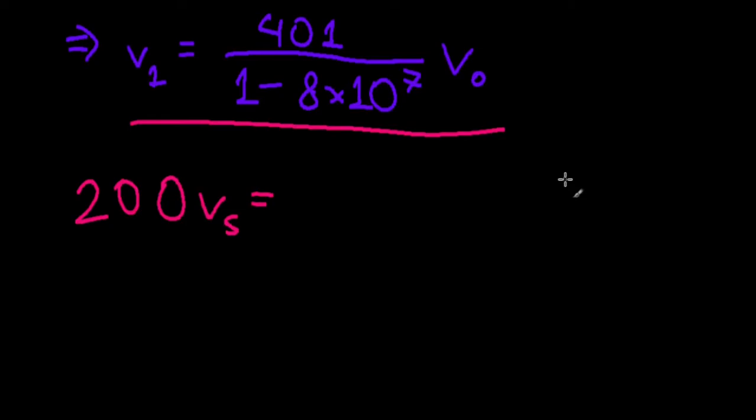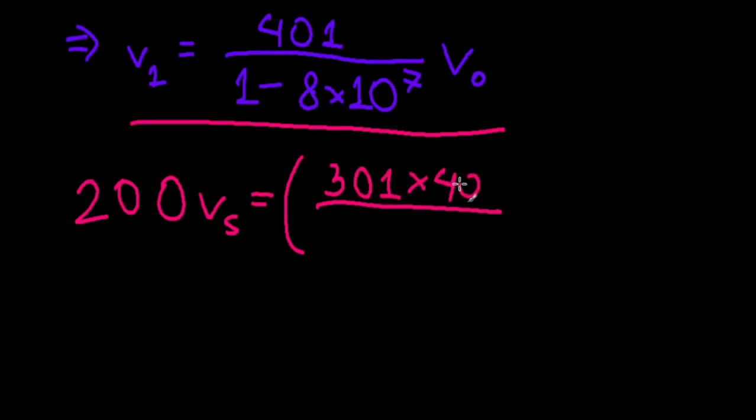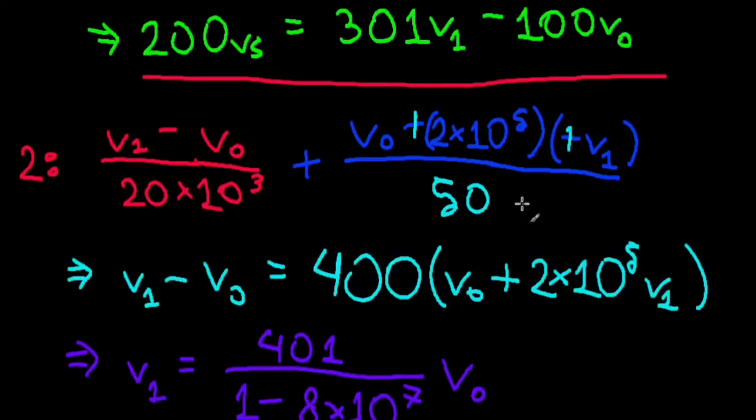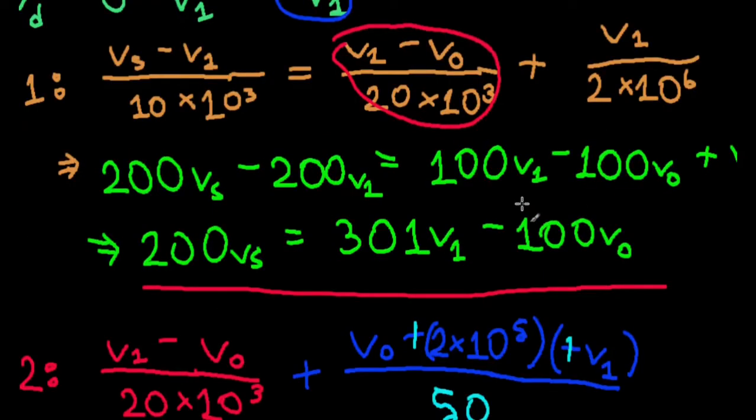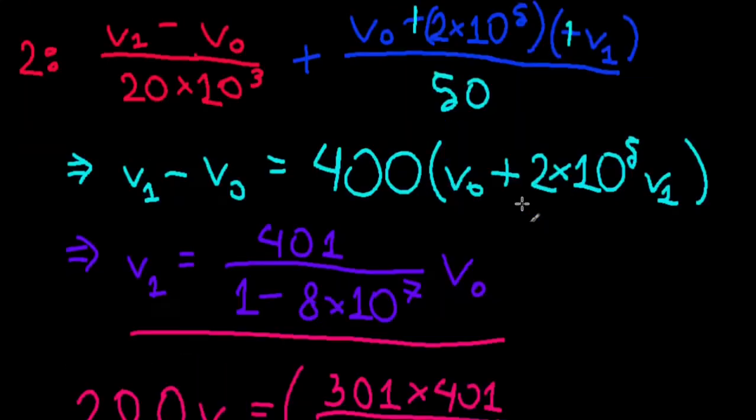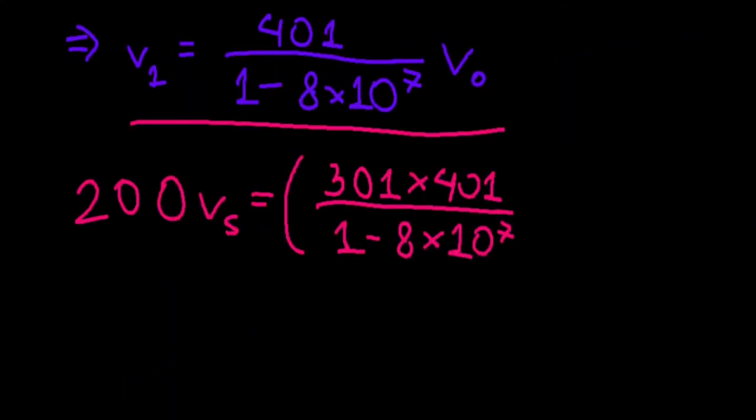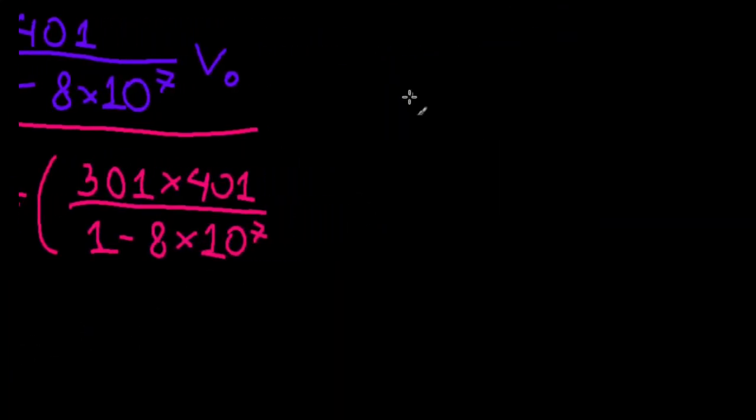So we have 301 into 401 divided by 1 minus 8 times 10 to the 7. Weird, very weird factor. Minus 100.